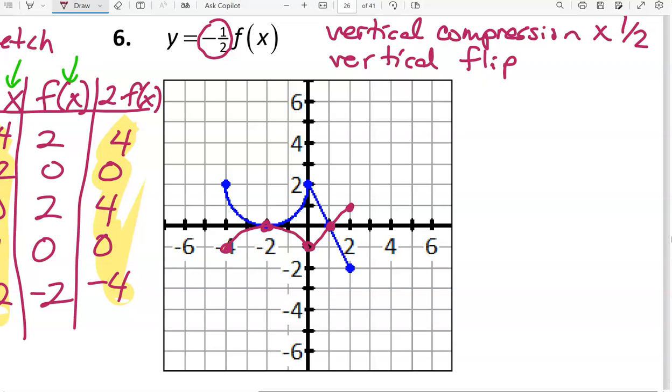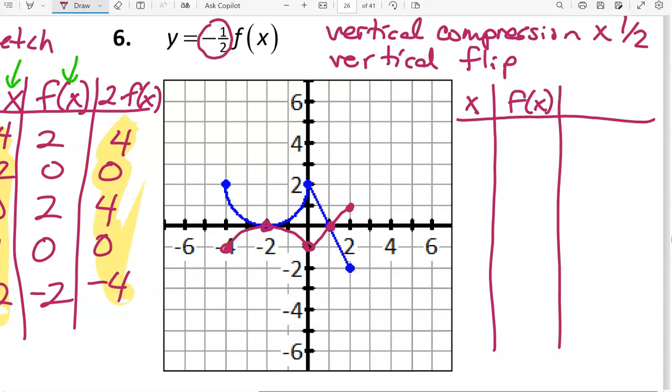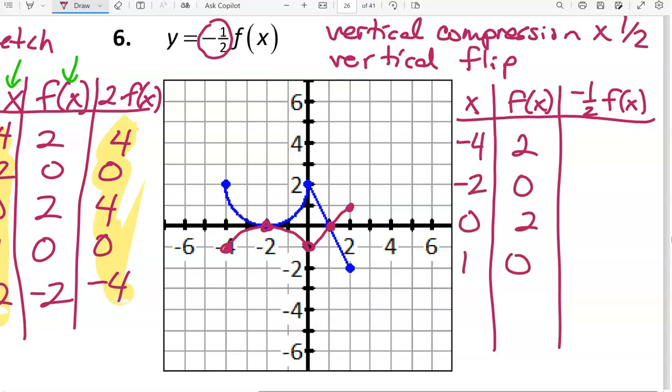If you prefer the transformation approach, you can do that. If you prefer the table of values approach, x, f of x, and then last column, -1/2 times f of x. The input and output columns are the first 2. That's where the points for our original function go, -4, 2, -2, 0, 0, 2, 1, 0, and 2, -2.